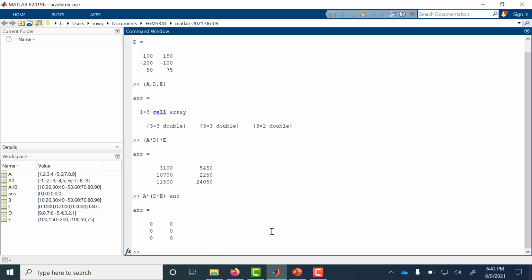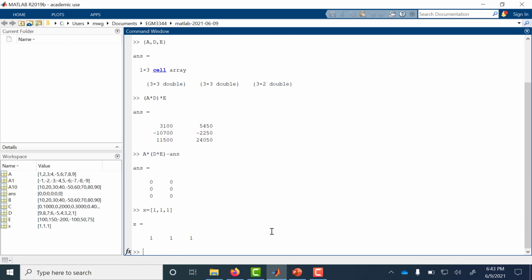So maybe just say x equals 1, 1, 1. So what does that look like? That's a row vector. What happens if I do x prime? Yeah, it makes it a column vector.